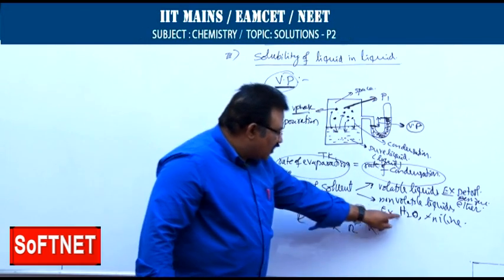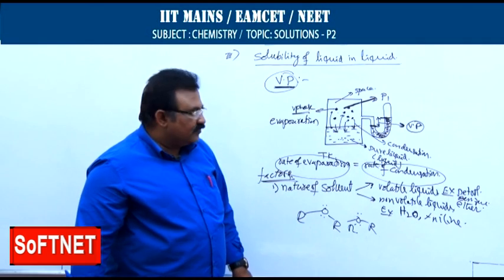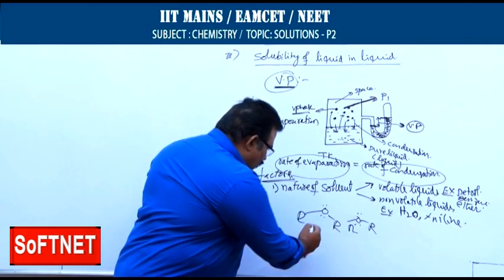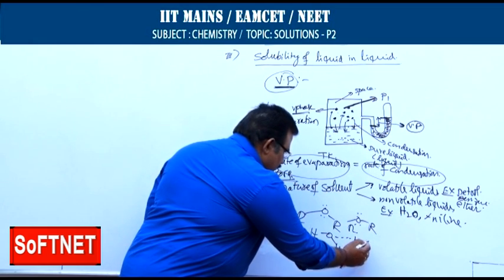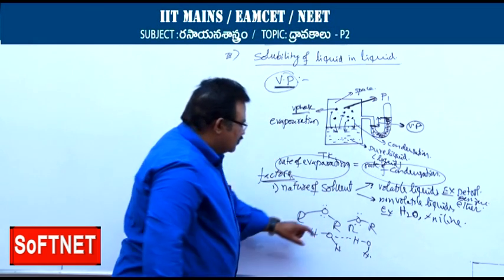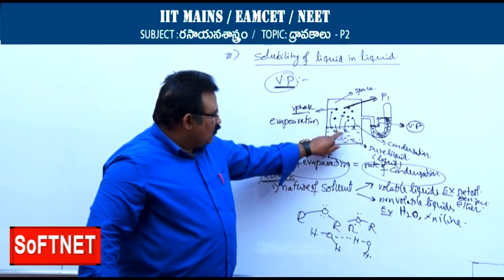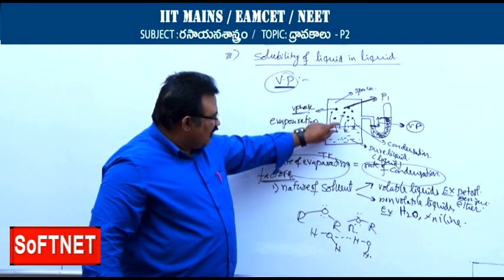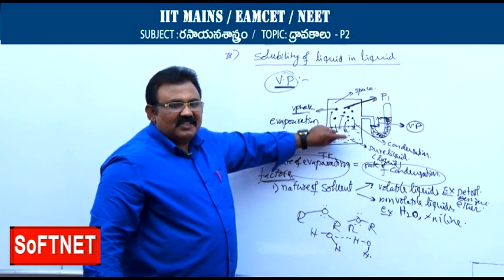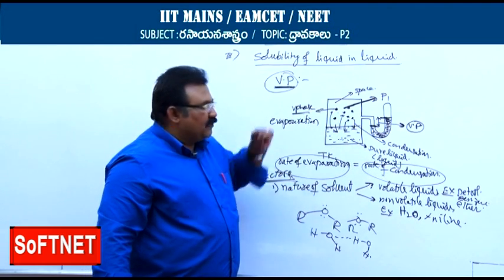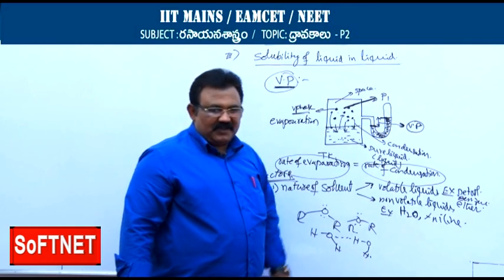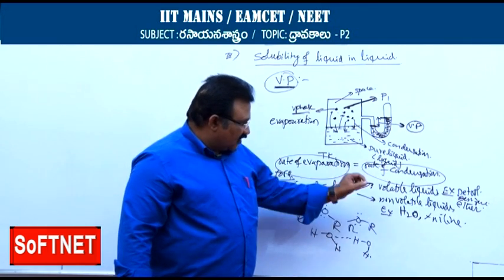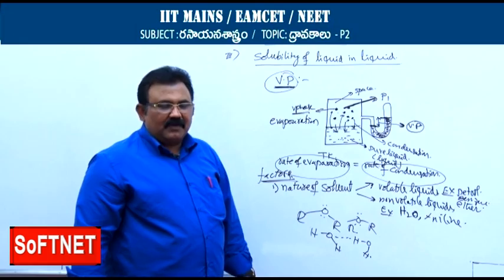Whereas water is a non-volatile liquid because between water molecules hydrogen bonding takes place, so the molecules will not escape out from the liquid phase into the vapor phase. So volatile liquids have more vapor pressure. Non-volatile liquids give less vapor pressure.